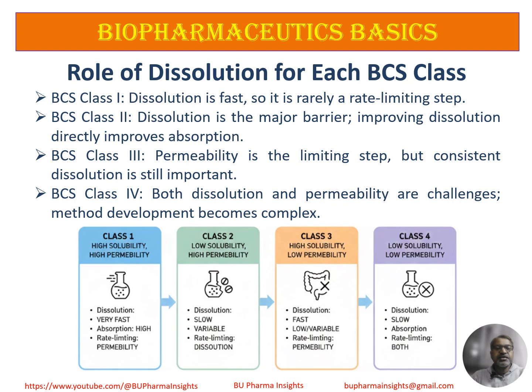BCS class 3: permeability limits absorption, but consistent dissolution is still essential. BCS class 4: both dissolution and permeability are challenging, making method development more complex. This framework clearly shows how dissolution impacts biopharmaceutic behavior across drug classes.